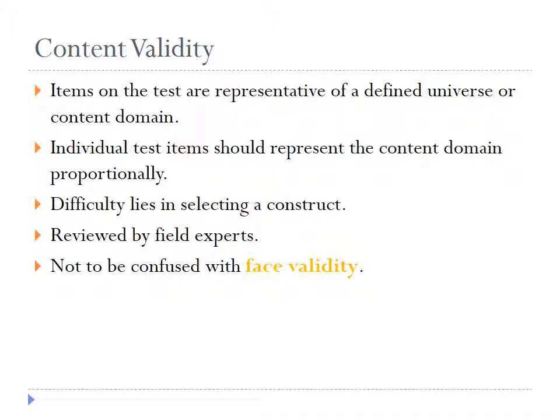So let's say that I am that history teacher, and we're going to exam on World War II. That is our content domain, World War II, that period in history.